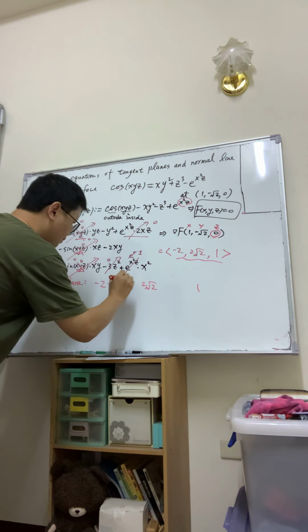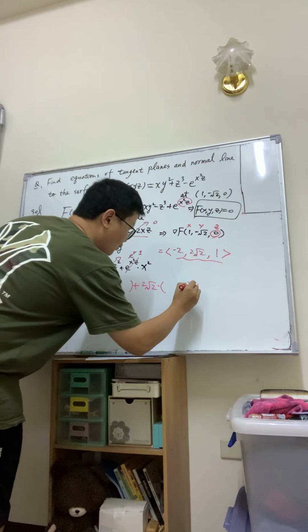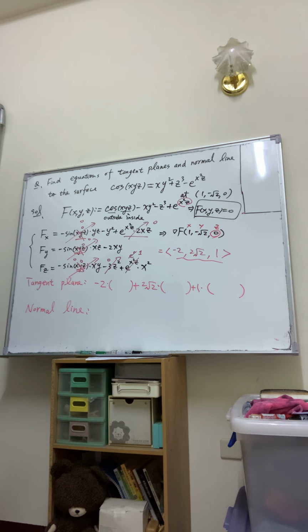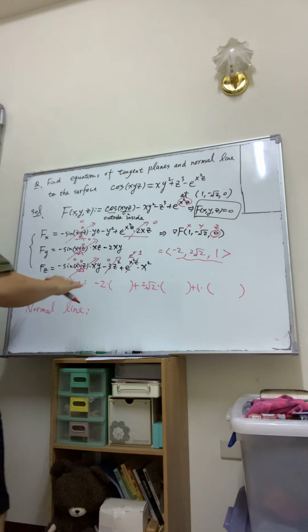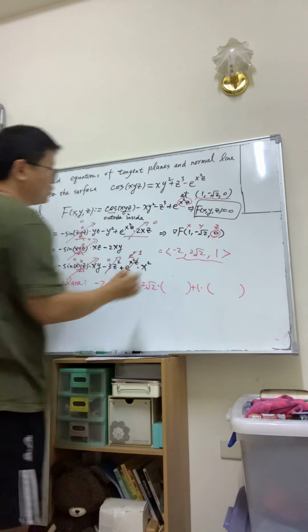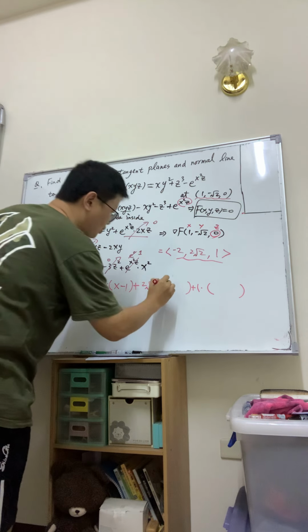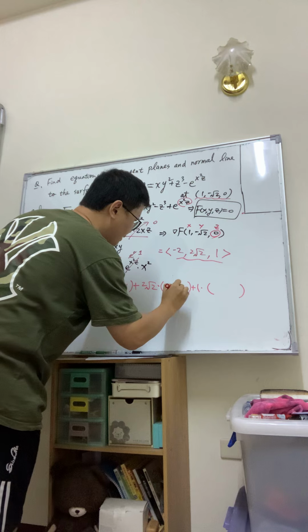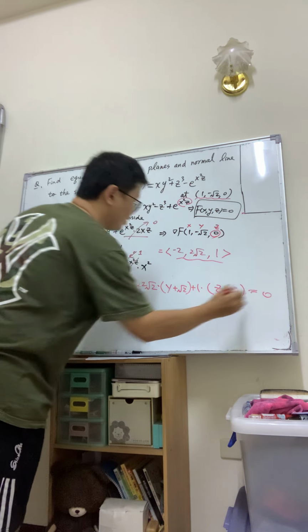And we consider the point, using our formula in section 10.5. For this plane, it passes through this point, so you should consider x subtract 1, y subtract negative square root of 2, so y plus square root of 2, g subtract 0, is equal to 0.